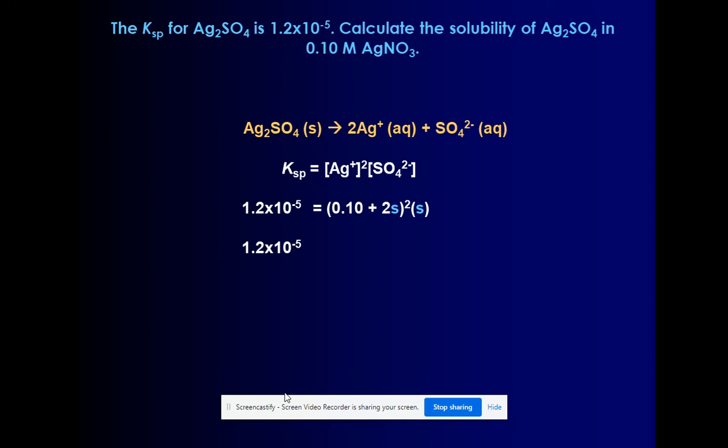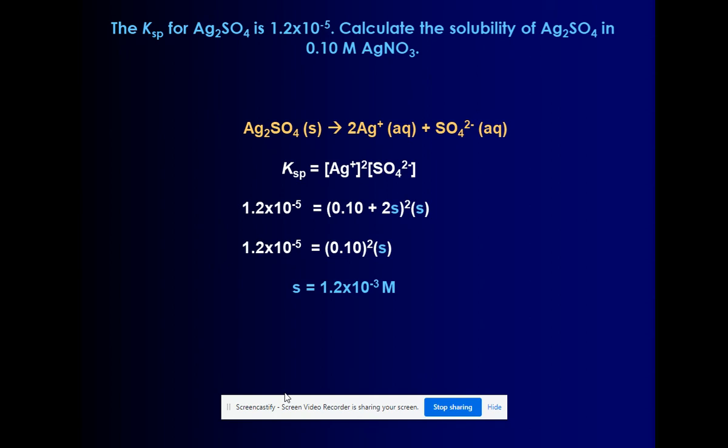So we're going to solve for S, the solubility of this particular solid, by assuming that the concentration of silver is not going to change appreciably, with it already being at a fairly large quantity, 0.10 molar. We would square that quantity. We don't worry about the 2s again. And then we would solve for S, and we get that it's a value of 1.2 times 10 to the negative 3rd.